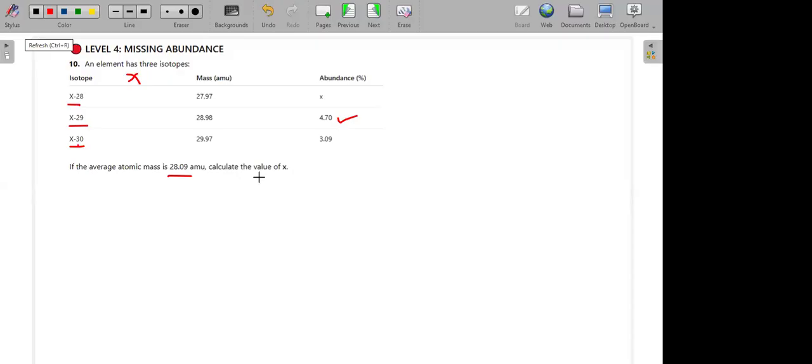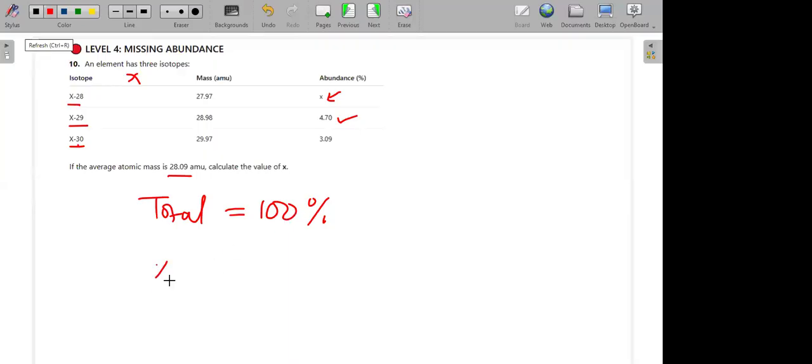This one is very simple because they just want us to calculate this percent here. The total percent should always be 100. So if here I have 3.09, here I have 4.7, and there I have X, adding all these I should get the total of 100%.